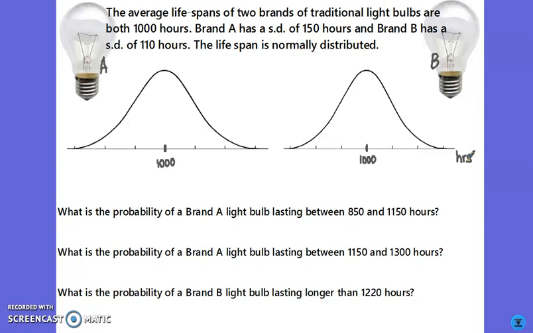Well, we like to mark these other tick marks at the standard deviations from the mean. And so brand A had the standard deviation of 150, so what's 150 away from 1,000? Another 150 away, another 150, and then going down the same thing.